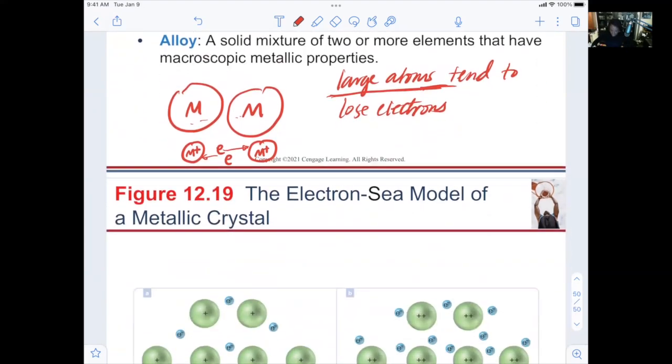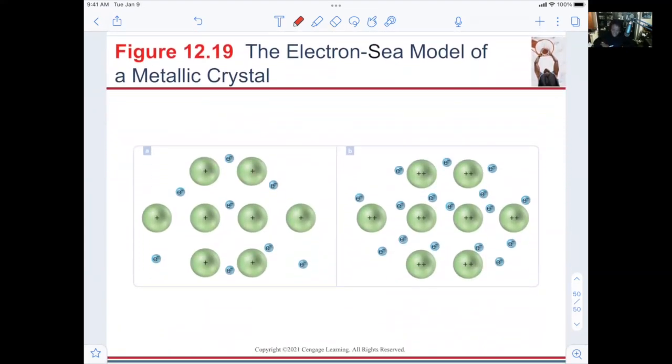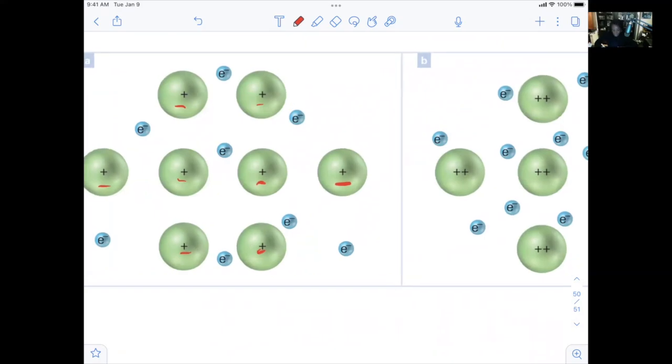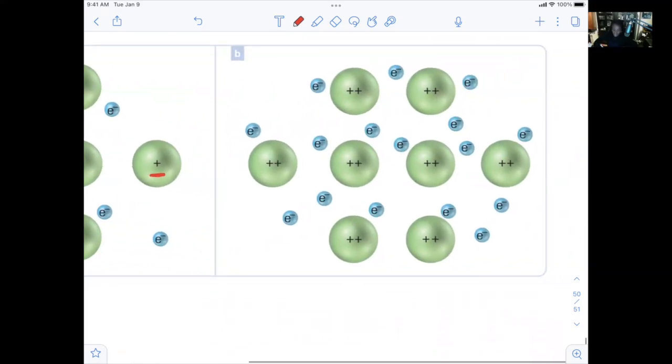So to illustrate this very well, look at that. Here we're seeing these metal ions that have all lost electrons. These are group 1 metals. How do I know? Because the charge after losing electrons is +1. On the right side, we have group 2 metals. How do I know? It's +2 charge, right? 2 positives right here.